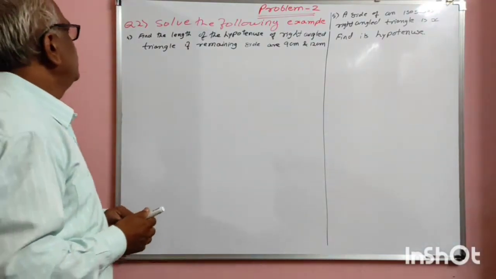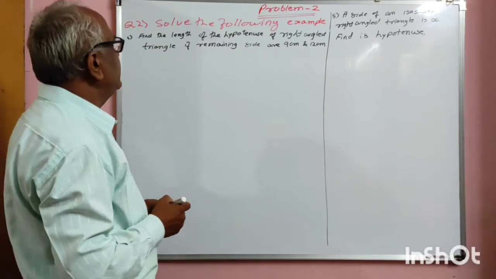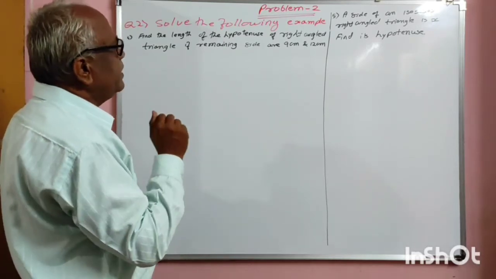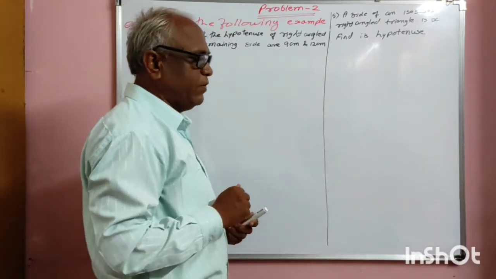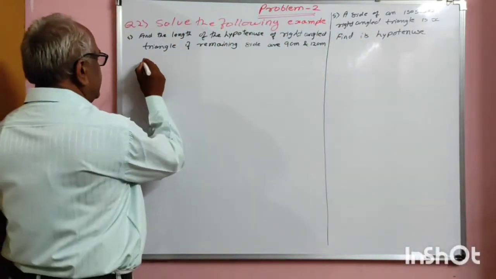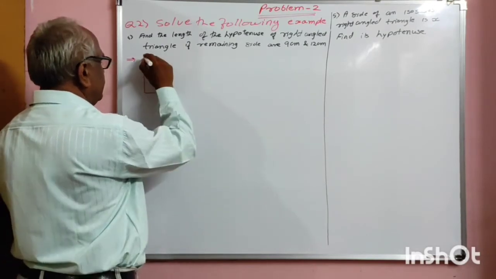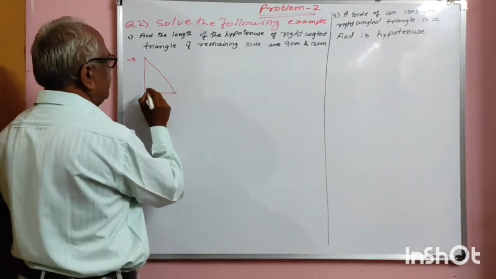Now from this question number 2, fourth example, find the length of the hypotenuse of a right angled triangle if the remaining sides are 9 centimeter and 12 centimeter. Now we will draw a figure here, that is a right angled triangle. We are going to find the length of the hypotenuse.